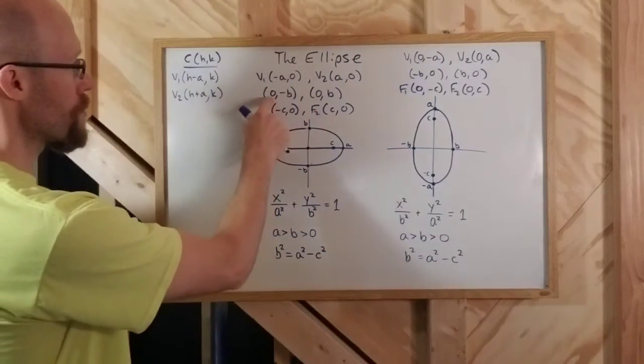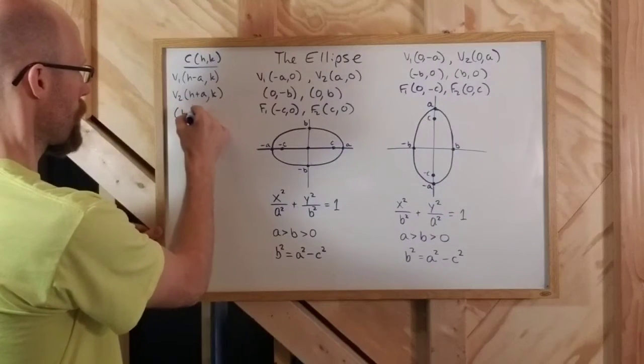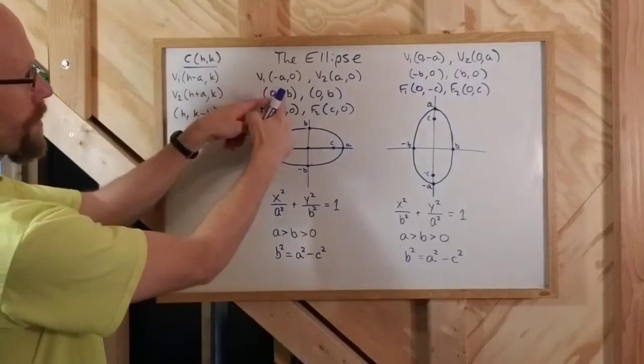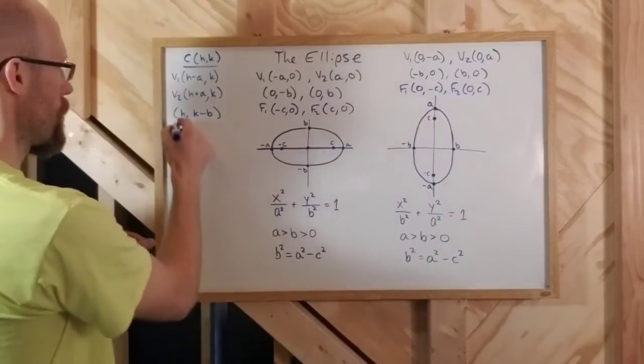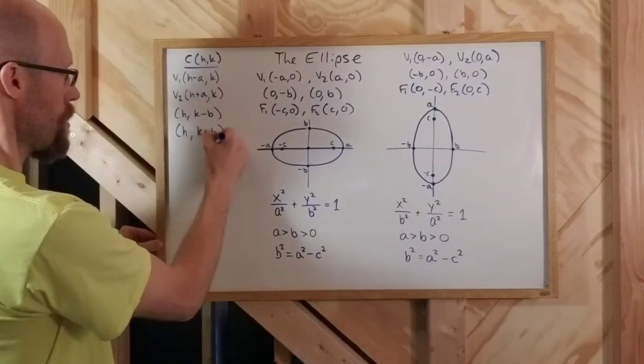These other 2 points, 0, negative b, would become h, k minus b. Right, so I'm just adding in an h and a k there. Similar here, it would become h, k plus b.